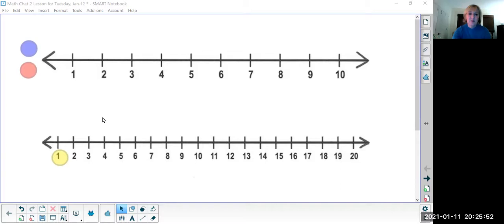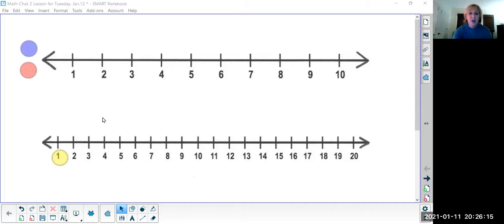Okay, so now let's move back over here. And we're going to be looking at before, between, and after in the purple dot box. Now, 13 and 14, what would come before 13? What is one less than 13?